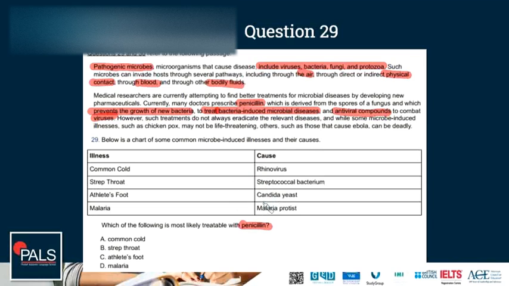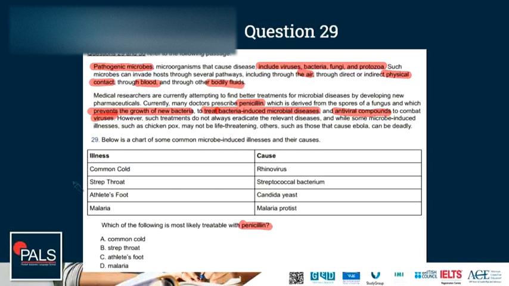Okay, what did we learn about penicillin? Penicillin is derived from spores from a fungus, and it prevents the growth of new bacteria to treat bacteria-induced microbial disease. Penicillin is an antibiotic. Antibiotics only work against bacteria.